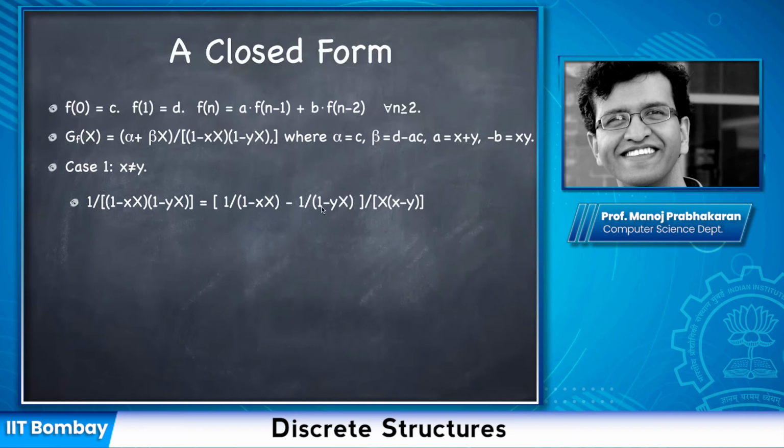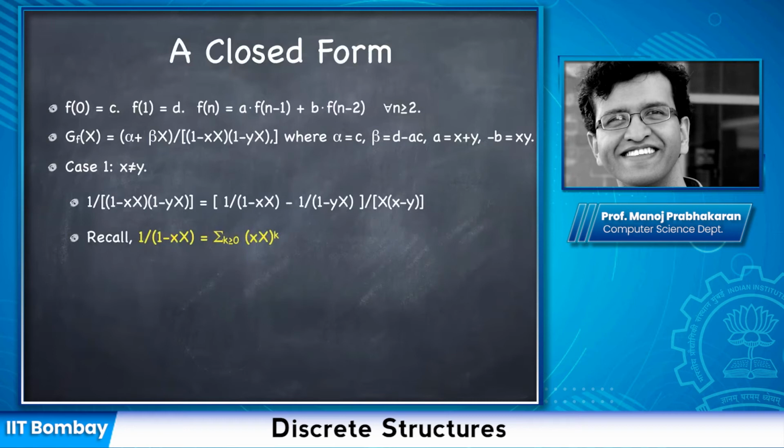If you expand this, the denominator will be this, and in the numerator you will get xX minus yX. So I'm going to divide by that, x minus y, so that I've taken the capital X out. And this requires me to be able to write this and not get a 0 divided by 0 form. I needed x not equal to y.